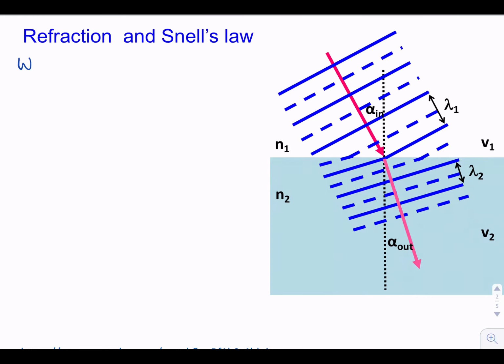So why does this happen? If we look at this diagram here of wave fronts hitting an interface, we can think of this as N1 being air and N2 being water. As the wave fronts hit the interface, something happens, and there's a change in the wavelength. So the velocity changes from the air to the water, and this results in a change in the wavelength.